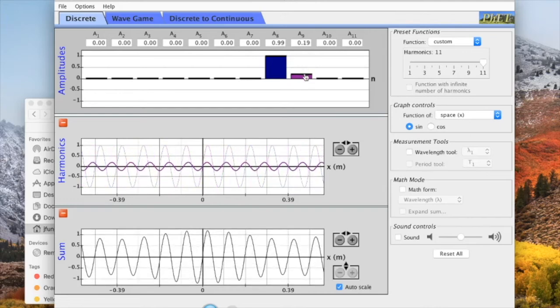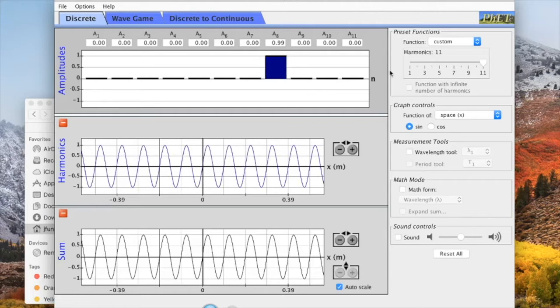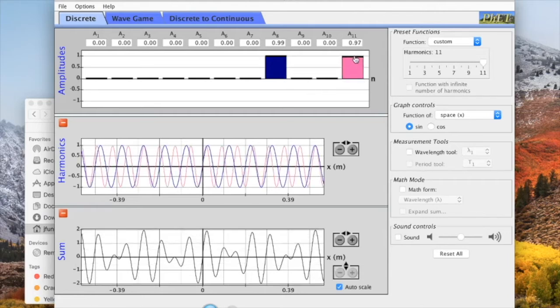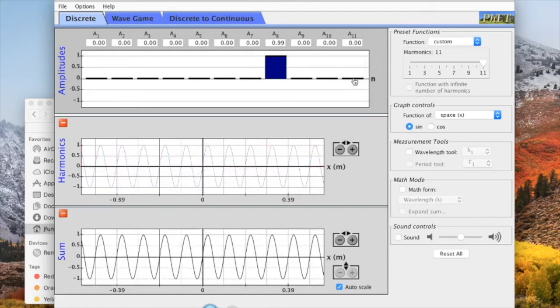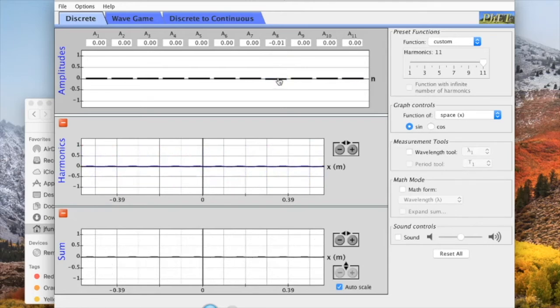And if I make the wave number difference larger, so if I combine, say, A8 and A11, notice that I now get a beat pattern that has a shorter wavelength. So this is an important thing for us to keep in mind, this idea of beating.